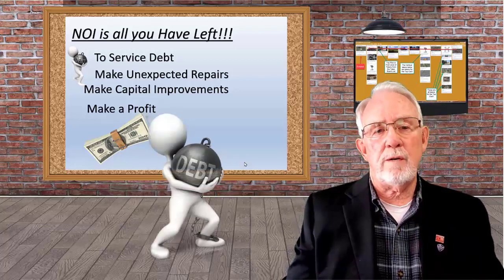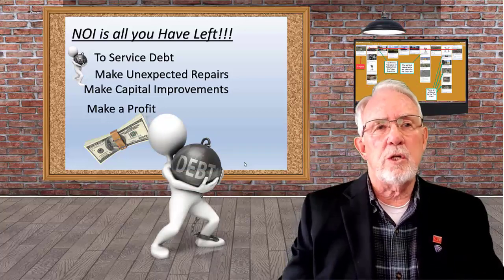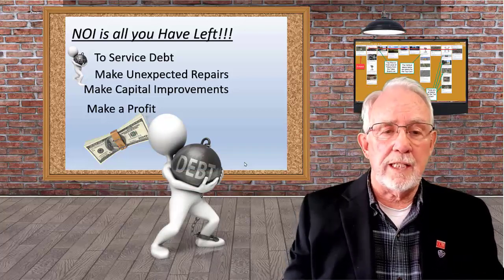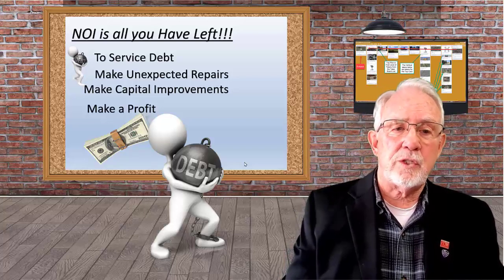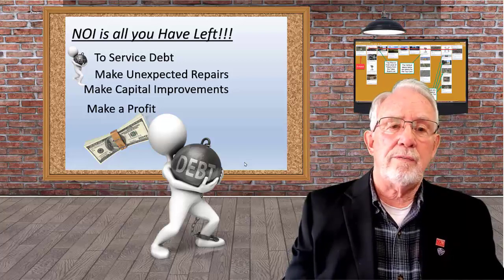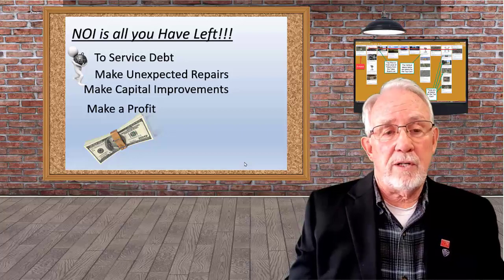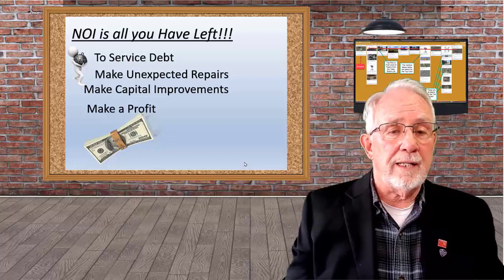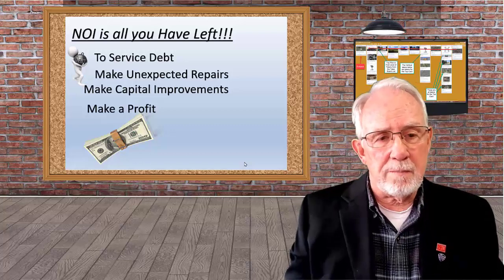Well, when you service the debt, if you look at your cash flow before tax, usually it will be drastically lower than what the NOI is because of that debt service. And so when you have debt service and then you have cash flow before tax and you have $1,000 or $500 a month left over, that cap rate does not mean that much anymore.